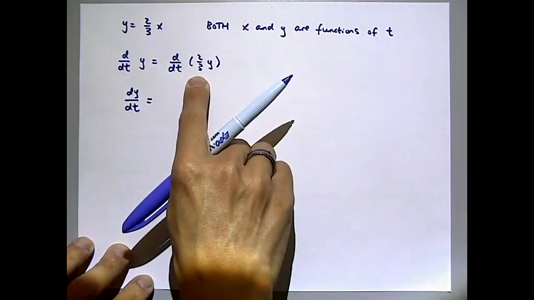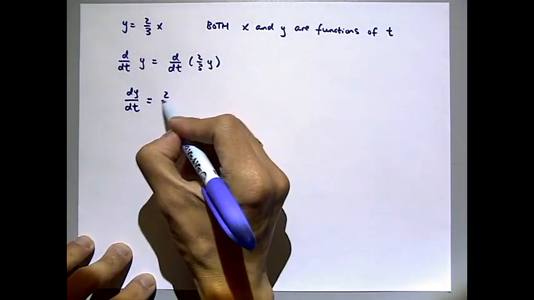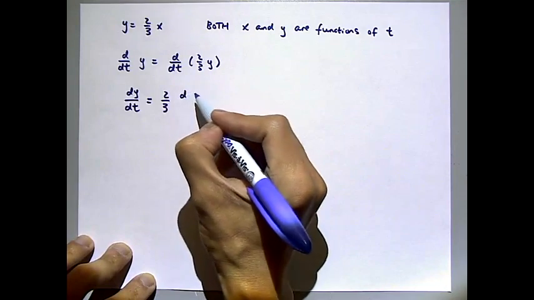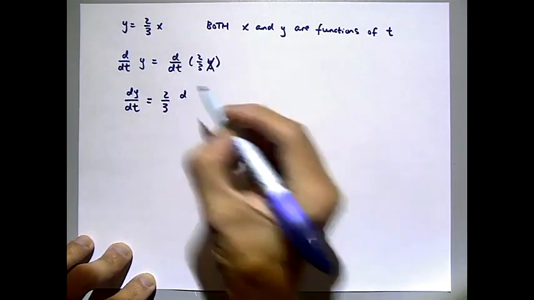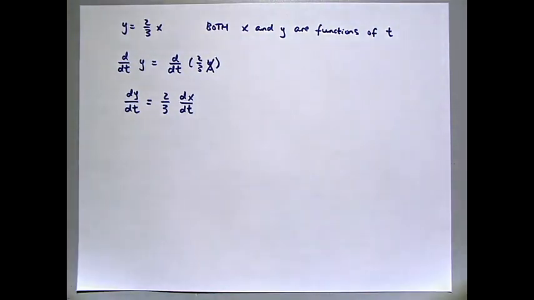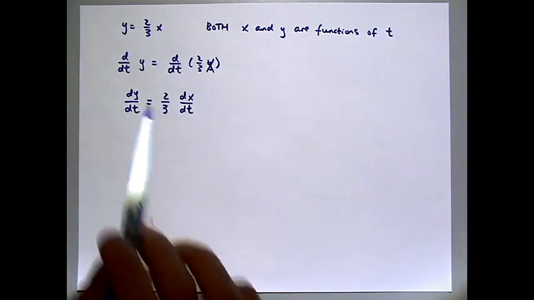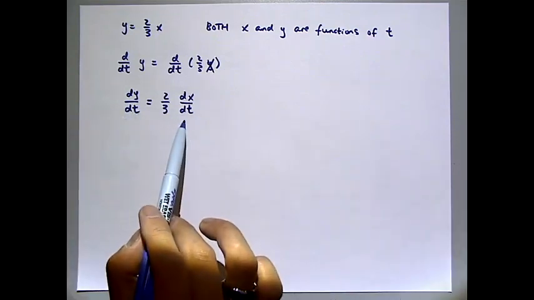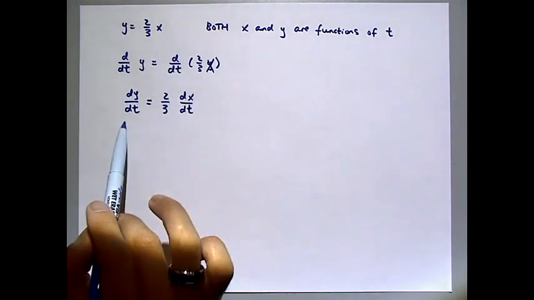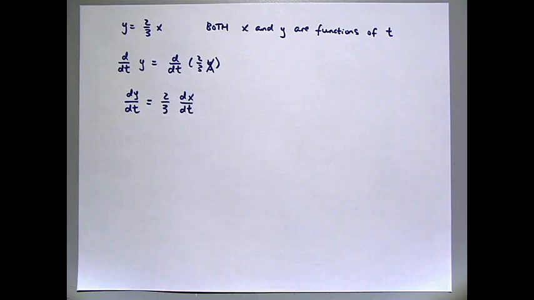Right-hand side is the constant, 2/3, that doesn't matter, times the rate of change of y with respect to x. All right, so this is how we relate the two rates of change: how fast he's walking, the distance from him to the light, and how fast the length of his shadow is changing.